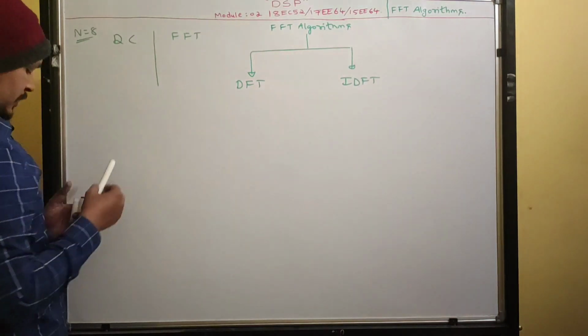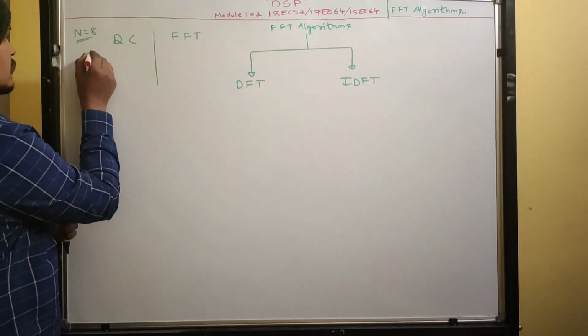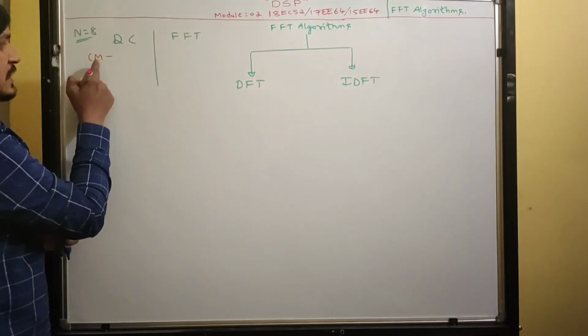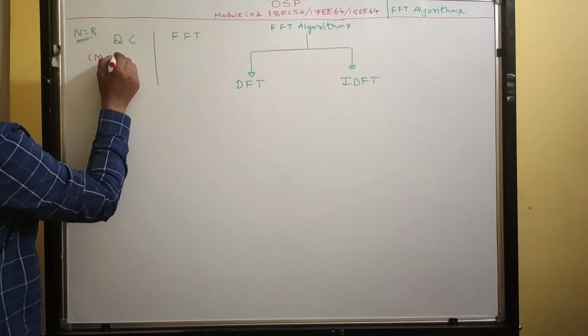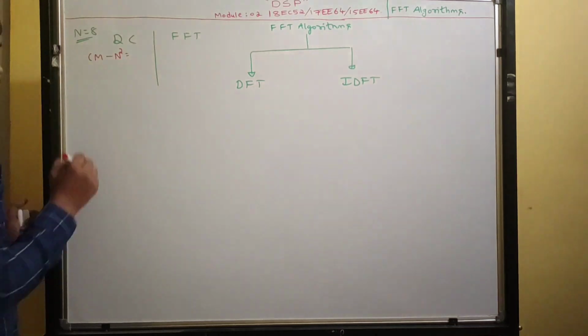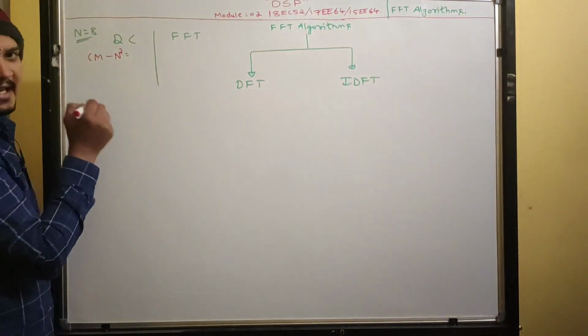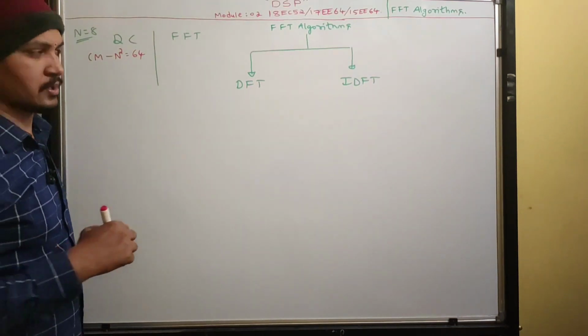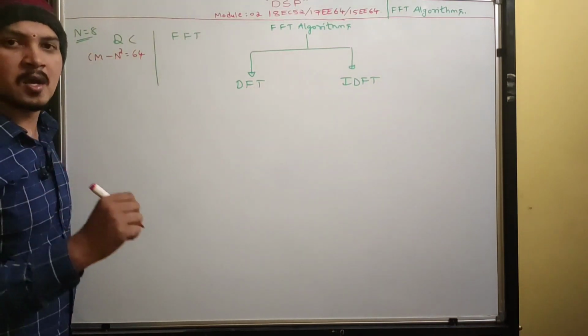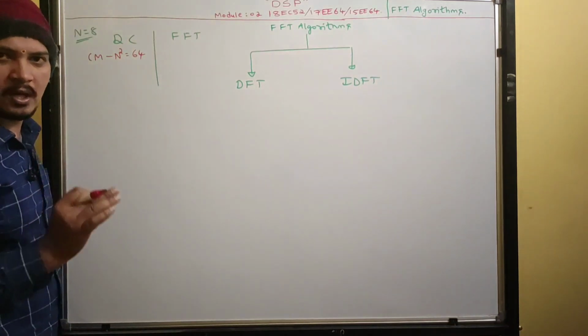In direct computation, we require CM, complex multiplications. We require N square multiplications. N is 8, so we require 64 multiplications if I go with direct computation, which is the formula method.